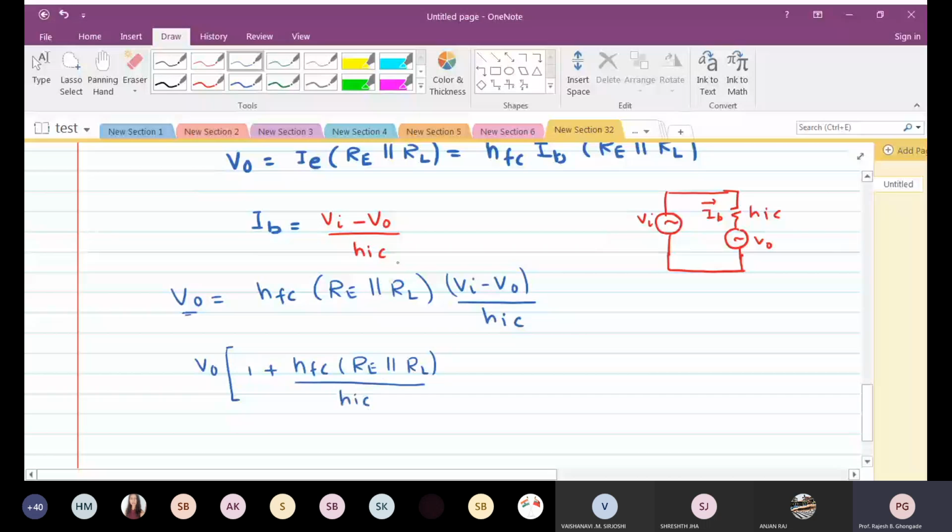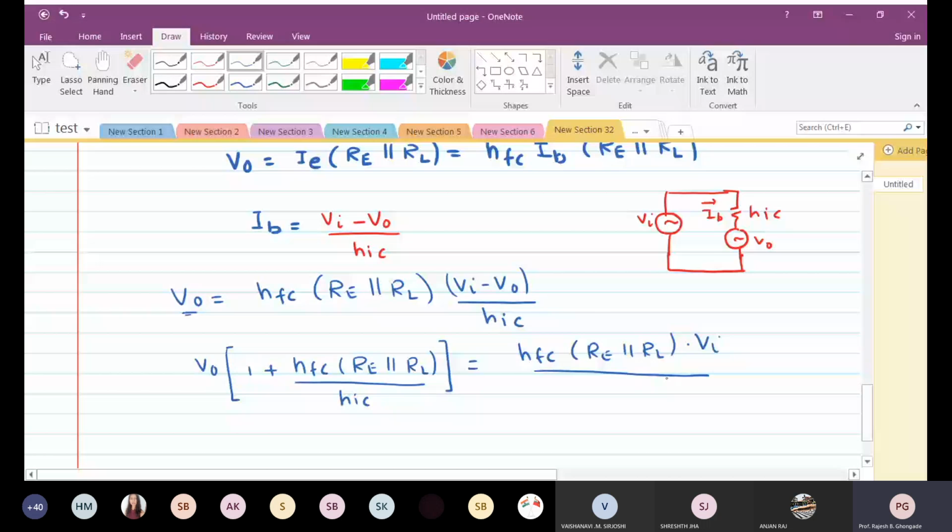I'm just expanding this bracket and then transposing it on the left hand side. On the right hand side, what I have is HFC into RE parallel RL into Vi divided by HIC.